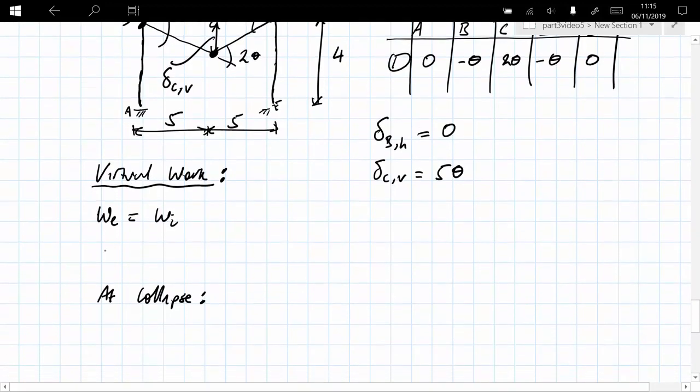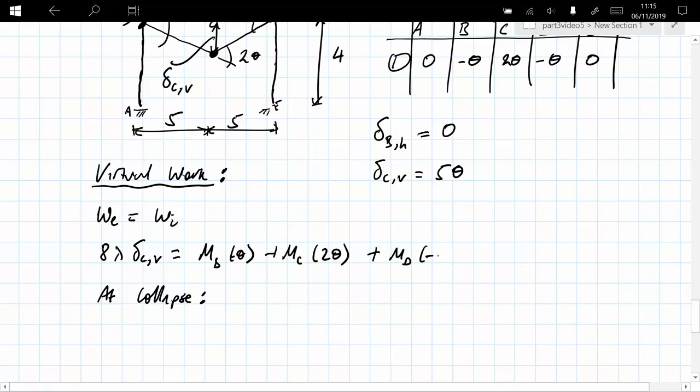Prior to collapse, this is given by 8 lambda times by delta C, comma V, and that's equal to the moments at B times by their rotation, minus theta, plus the moments at C times by their rotation, 2 theta, plus the moments at D times by their rotation, minus theta.